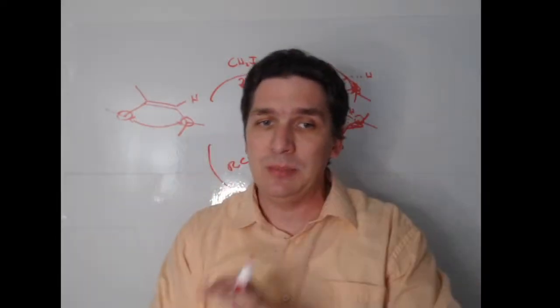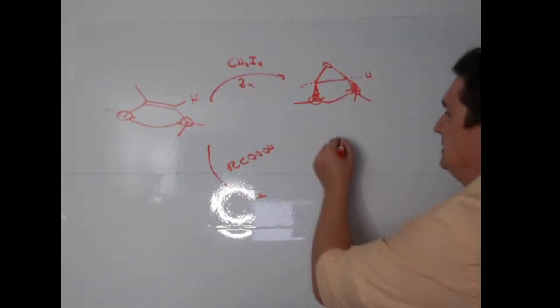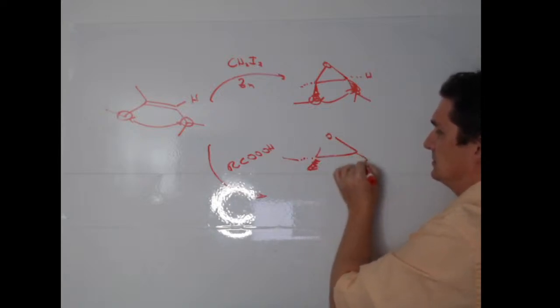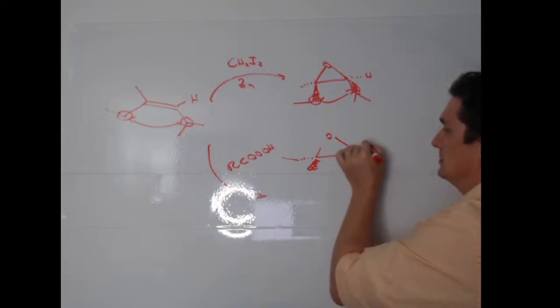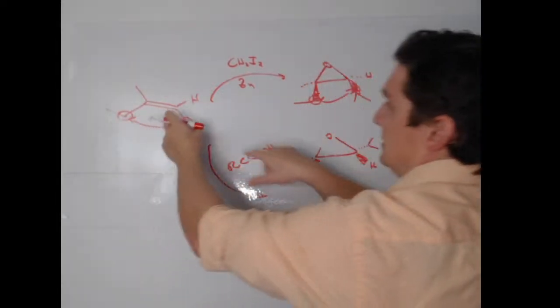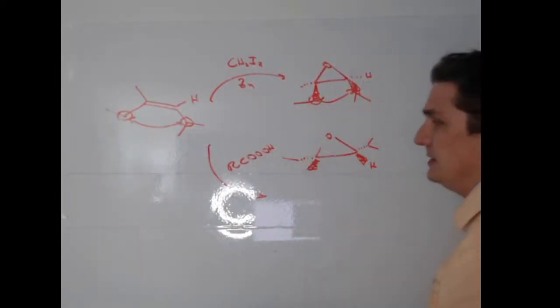And then if you want to flip it, if you were to rotate this over, you would end up getting their wedges and dashes flipped. But again, they're cis here because they're cis here. These are trans, therefore they have to be trans on this side as well.